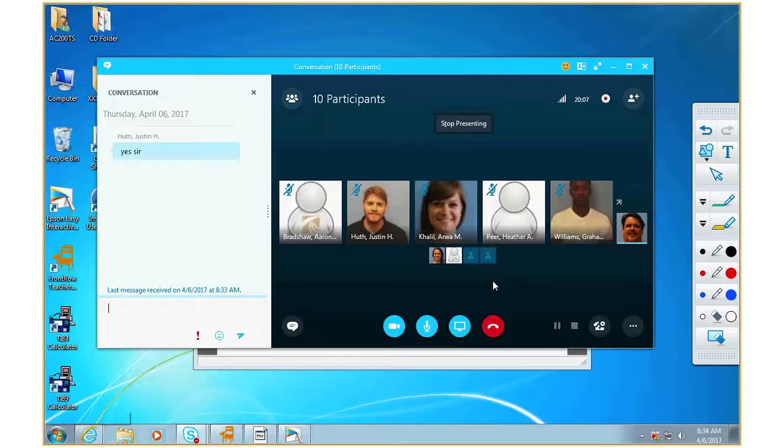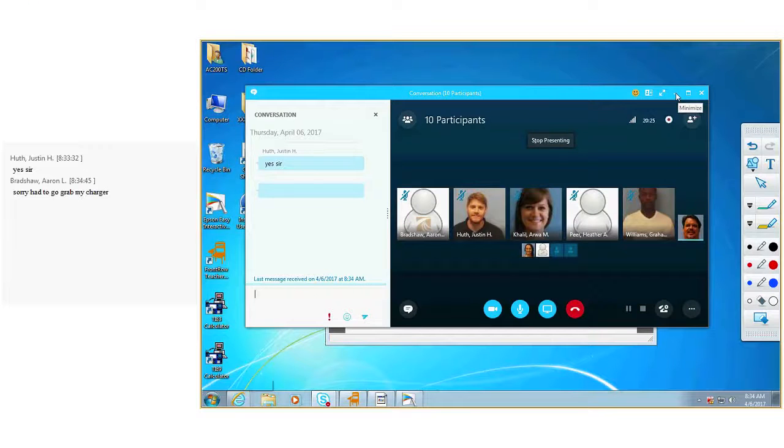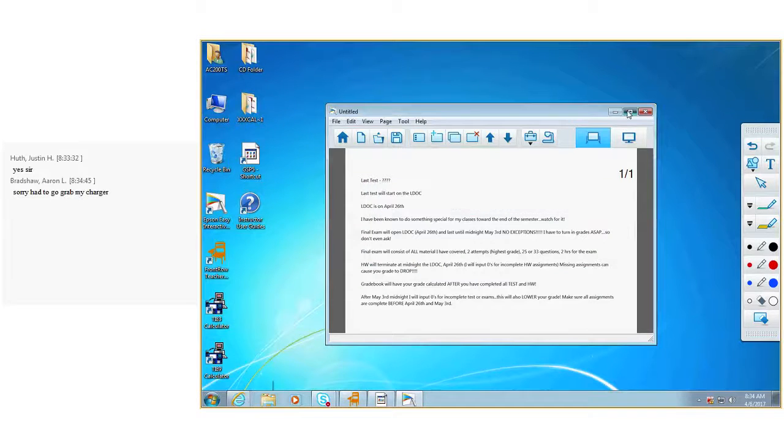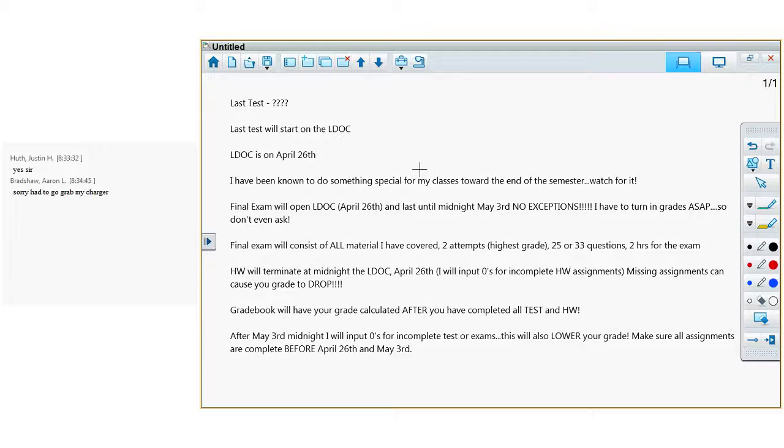Let's see, there he is. Mr. Scobie, you there? I guess he's there. Okay. Annabelle, you're awful quiet. She went back to sleep too. Okay, Miss Bradshaw's there. Okay, I think we got everybody now, except for Mr. Wisenhunt. I don't know if he's going to Skype in or not.